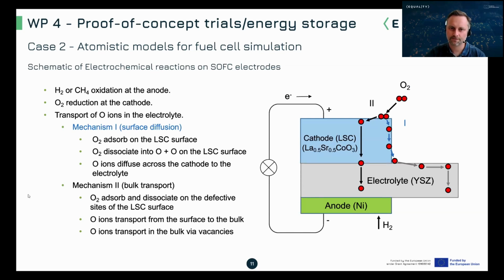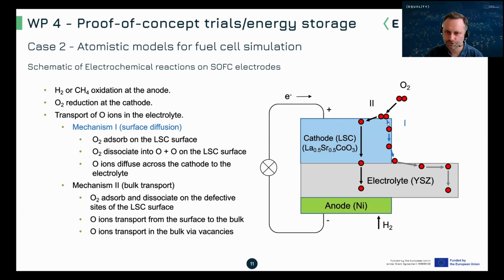So let's start with the schematic of electrochemical reactions on the solid oxide fuel cell electrodes. Hydrogen and methane oxidation on the anode is possible, and oxygen reduction at the cathode. These are the two main things. And then there is the transport of oxygen ions in the electrolyte. You see here, oxygen comes to the cathode, it adsorbs, and there are two mechanisms for how it is transported through the cathode and through the electrolyte.